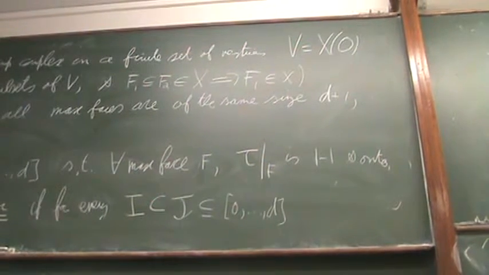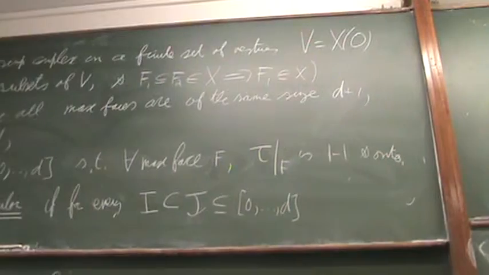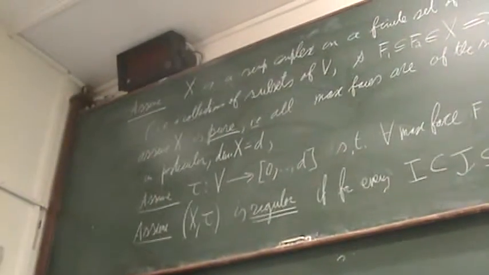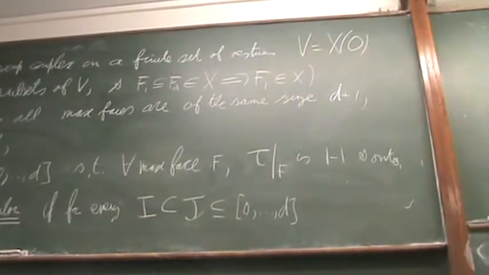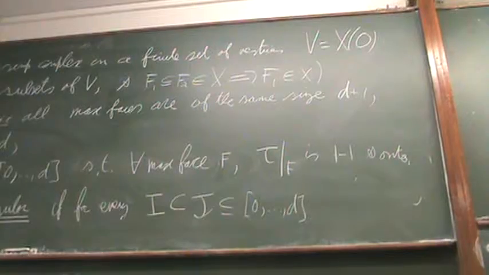But if I have such a type function on the vertices, then naturally I have also a type function on each face. Each face, the type of it is the subset of the types of its vertices, right?